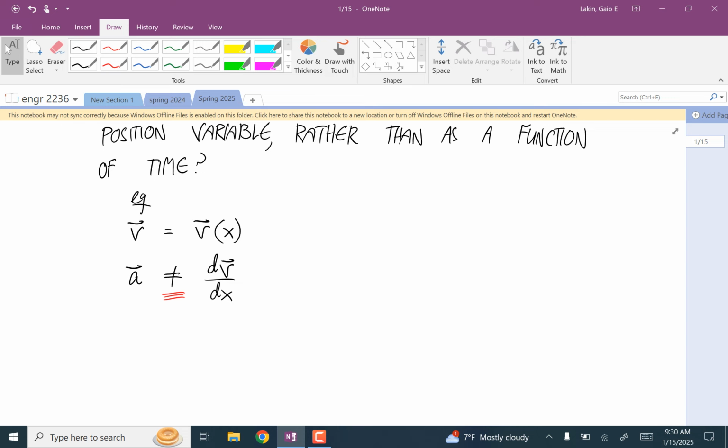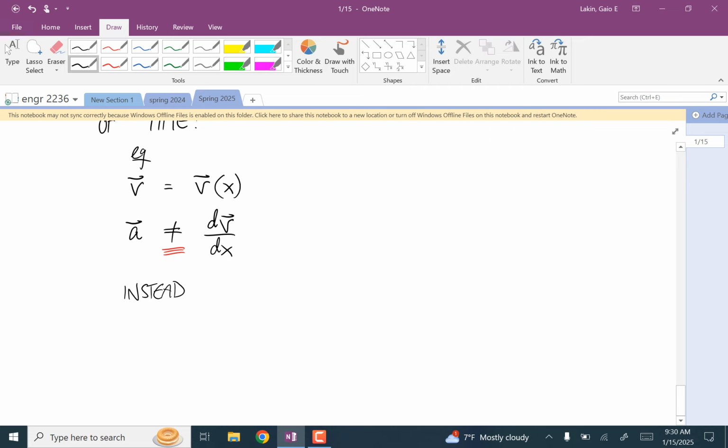So instead, what you have to do is you're thinking of this velocity as the velocity vector as a function of x, which in turn is a function of time. Okay?